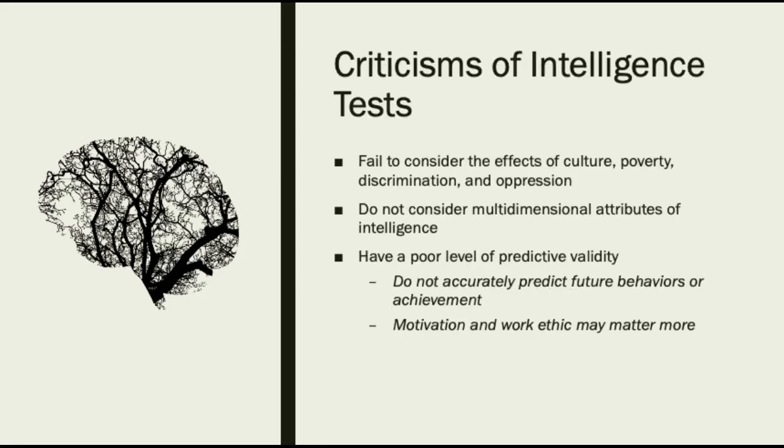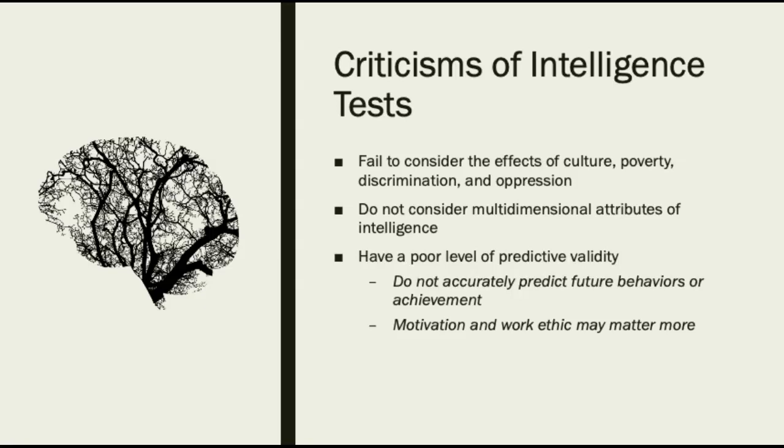Some criticisms of the intelligence tests are that they fail to consider the effects of culture, poverty, discrimination, and oppression, and do not consider multidimensional attributes of intelligence. They have a poor level of predictive validity, especially for minority groups.